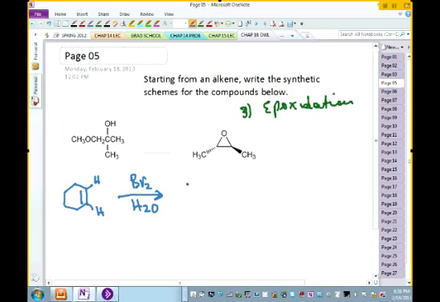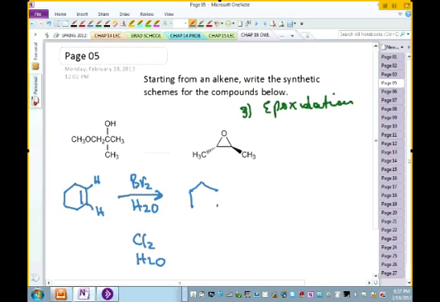Now, what happens with this reagent here, it will add bromine and hydroxy group across the carbon-carbon double bond, or sometimes it could also use chlorine and water. Okay? If we use bromine water, what do we get?